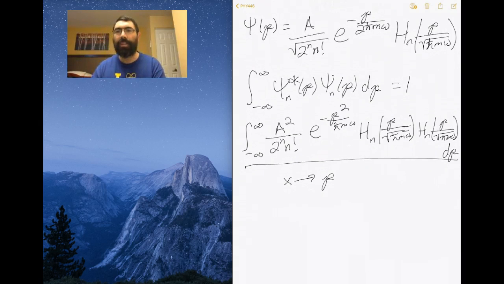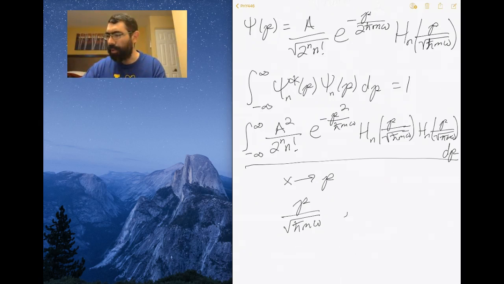And the constant that we put in front, if you remember, for the momentum is the square root of h bar m omega.